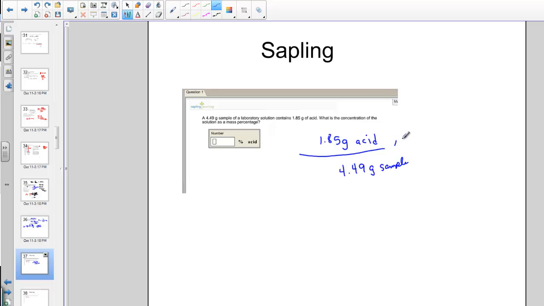And we want that as a percentage, so we'll multiply it by 100. So we have 1.85 grams of solute divided by 4.49 grams of the whole sample, expressed as a percent. If you're like me, my answer is about 41.2%.